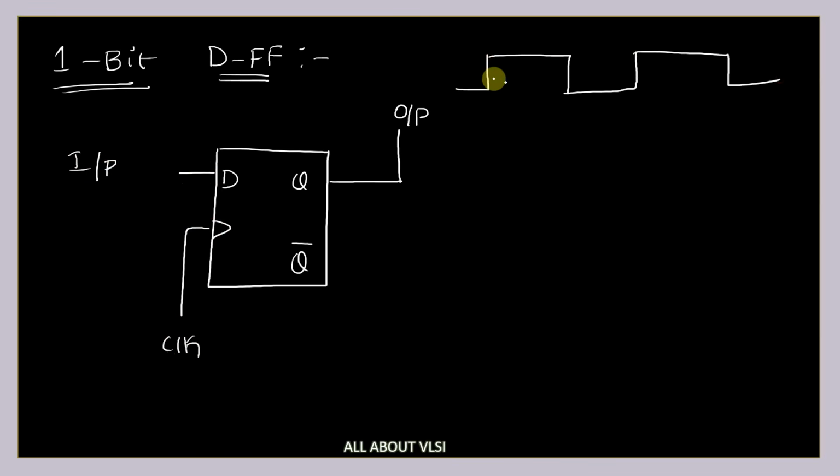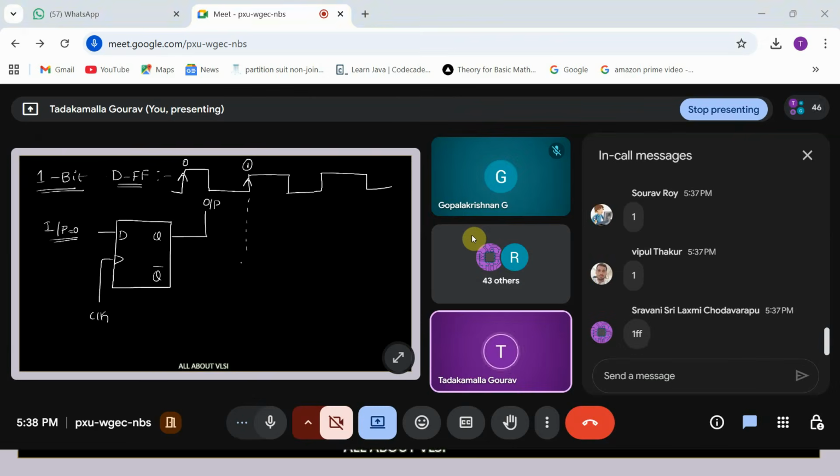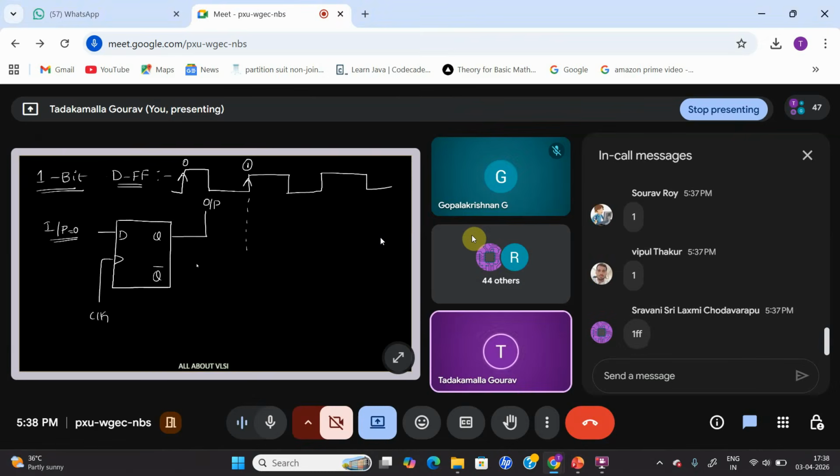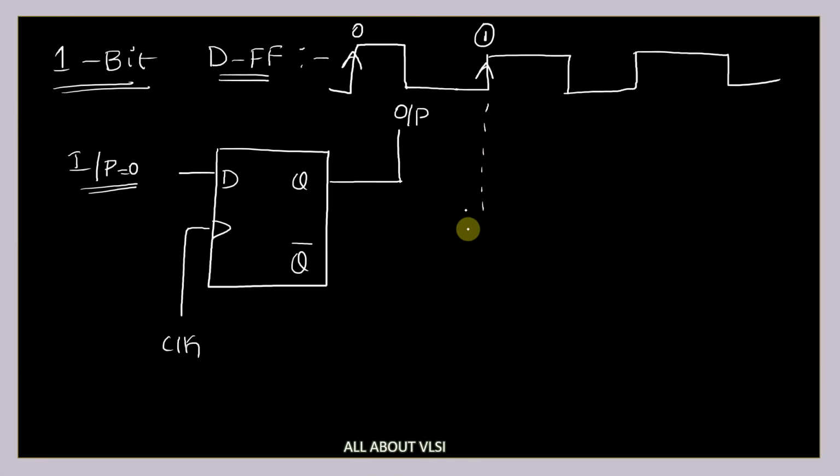Now, at the first clock edge, what is the output of this flip flop? If my input was equal to 0 before this clock edge, then at this present clock edge, what will be my output? It's simple, 0, right? Yeah, exactly.